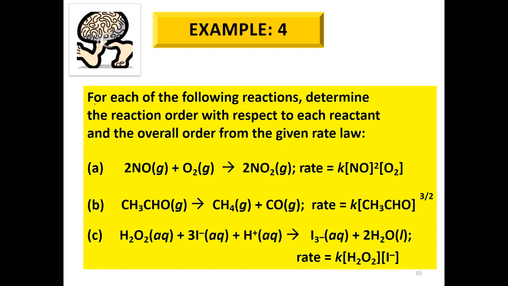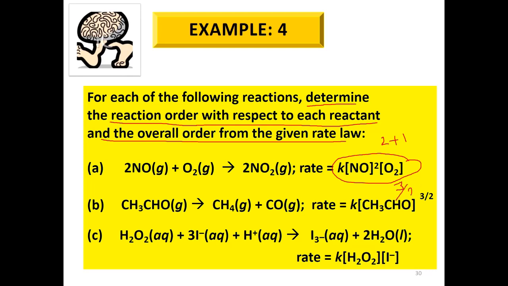Next, example 4. For each of the following reactions, determine the reaction order with respect to each reactant and the overall order from the given rate law. This one is 2 plus 1, third order. This one is 3 over 2 order. This one is 1, 1, so the overall reaction order is 1 plus 1 equal to 2.